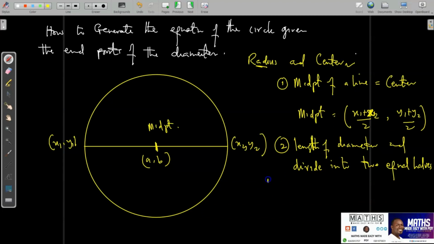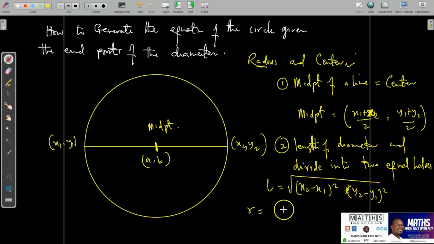How do we find the length of a line? L, when the coordinates have been given. Remember, you learned something about the square root of x2 minus x1 all squared plus y2 minus y1 all squared. Do you remember this? Yes, please. And whatever we have here, you divide it into 2.